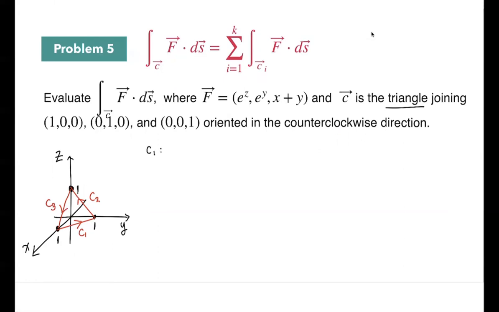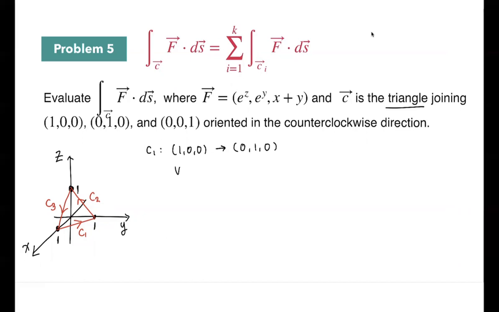the curve from 1, 0, 0 to 0, 1, 0, we need to find the parameterization of the curve. Actually, if we know the 2 points, then we can find the parameterization of a line by using 1 point and 1 direction vector.